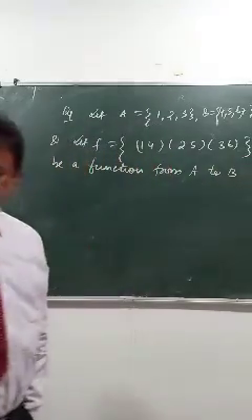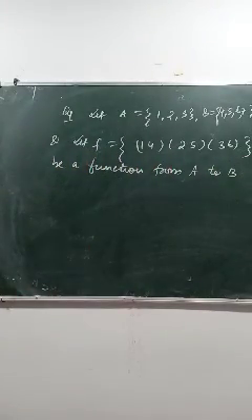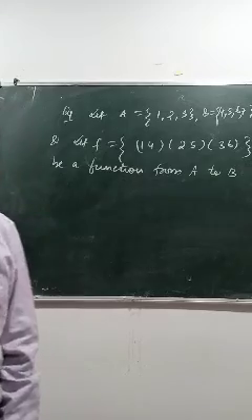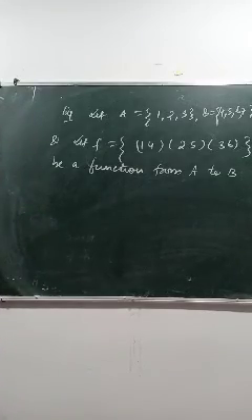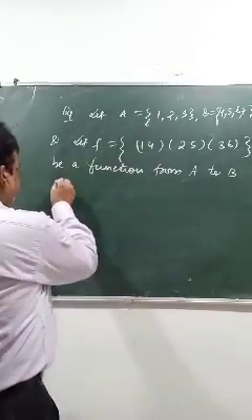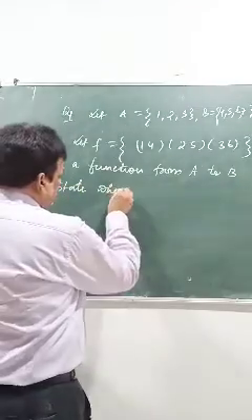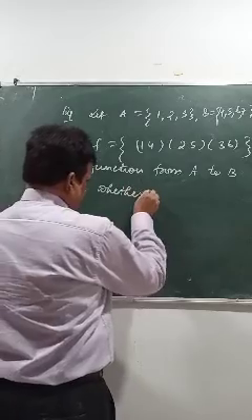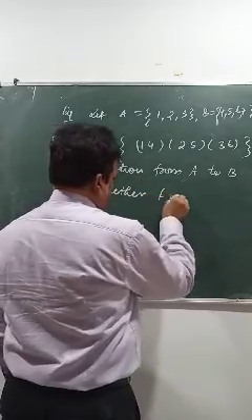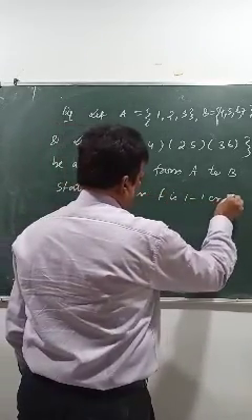This is given to us as a function from A to B. This came in 2011. Let's see how it is solved. State whether f is 1-1 or onto.